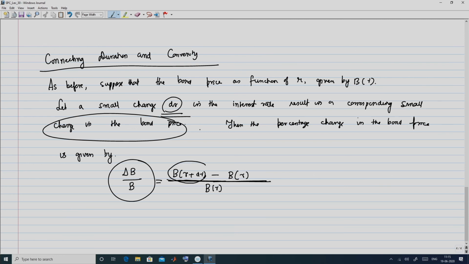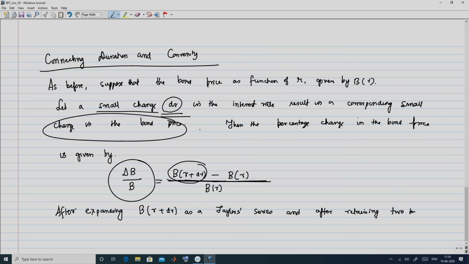Okay, now let us focus on this particular term. Remember that we had said that dr is a small change. So, we can make a Taylor series approximation, and accordingly we expand B of R plus dr as a Taylor series, and after retaining the two terms of the Taylor series, we obtain the following.